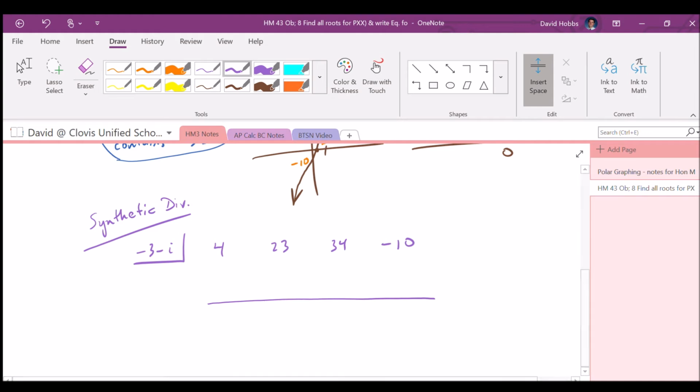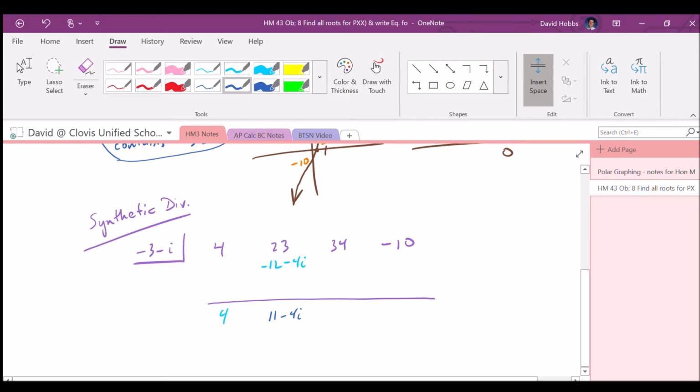Okay, so now we're ready to get going on this, and so 4, and then the number in the box times the number down here, so -3 times 4 is -12, and -i times 4 is -4i. And then we combine like terms, and we get 11 minus 4i.